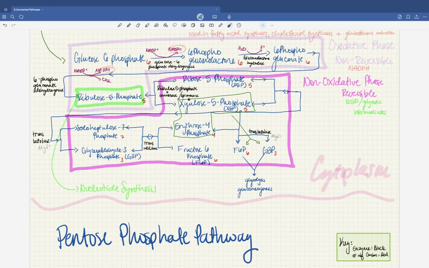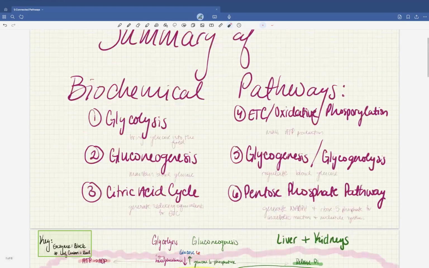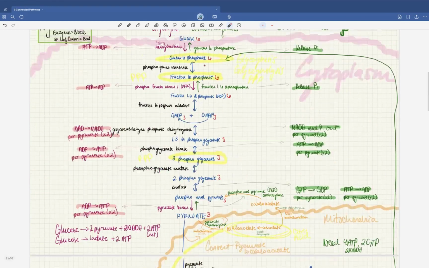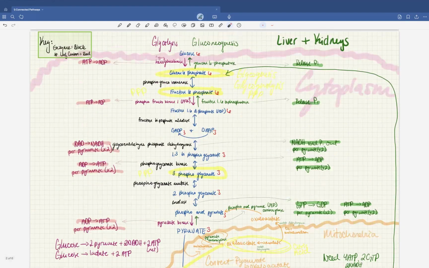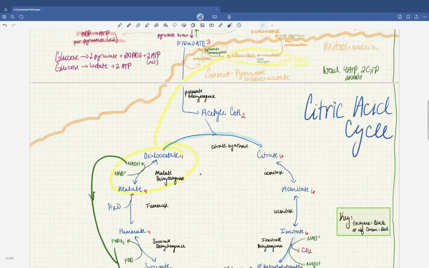So just as review, if we go back up to glycolysis and gluconeogenesis, the products that we'll be creating at the end of the pentose phosphate pathway are fructose 6-phosphate and glyceraldehyde 3-phosphate. So these are both important intermediates in glycolysis and gluconeogenesis. And if we need to, we can use these intermediates to create our R5P for nucleotide synthesis.